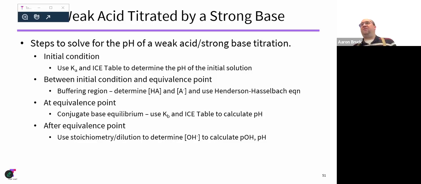At the equivalence point, we've added enough hydroxide that all of the initial acid has reacted, and all that is left is its conjugate base. Since it's the conjugate base of a weak acid, we know that it's going to act basic toward water.